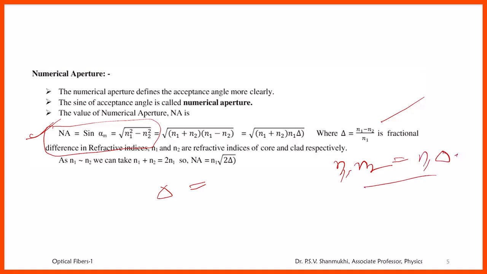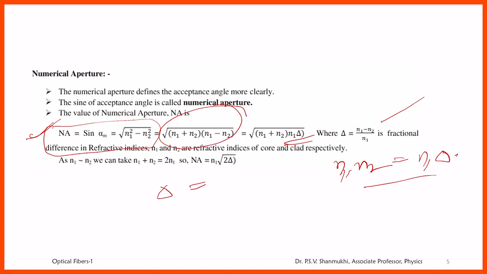Actually, here what we are writing, root over N1 square minus N2 square means N1 plus N2 into N1 minus N2. That N1 minus N2 is written as N1 into delta, and N1 plus N2 can be taken as 2N1. Why? Because the difference between N1 and N2 is very, very small. N1 is 1.5, for example, N2 is 1.499, something like that.